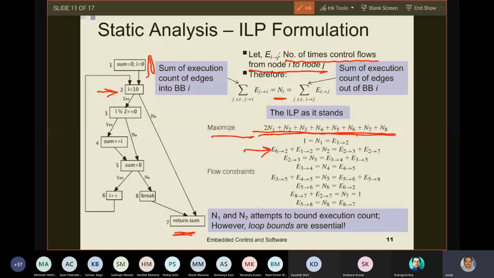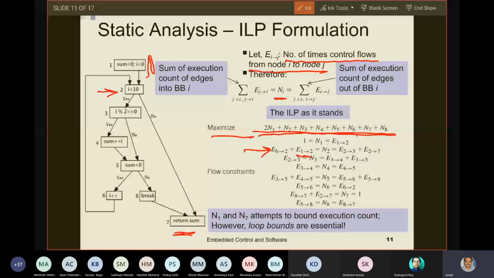Now, we know that firstly E12 is 1. Why? Because N1 is 1, and N1 equals E12. So I know E12 is 1. That is one bound I got. The other bound which I got is that i has to be less than or equal to 10. So the number of times E62 will be executed is at most 10.